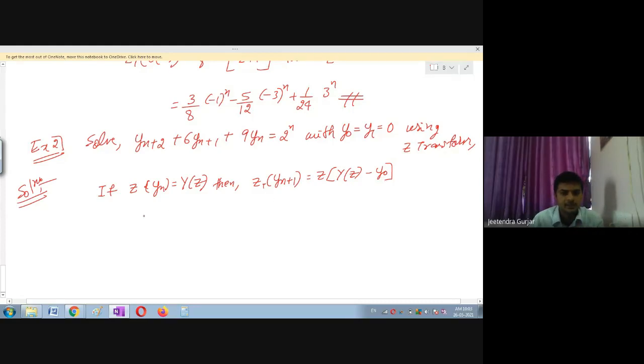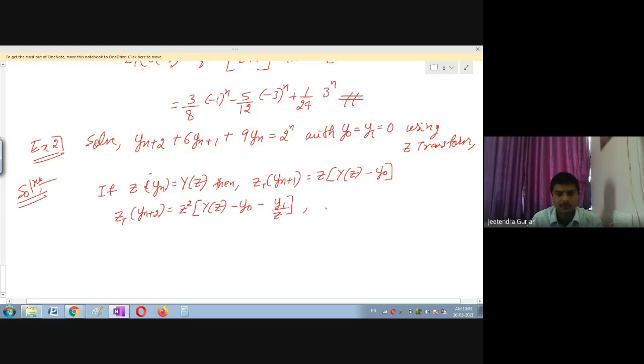Same way, next again this is the z transform of n plus 2 is equal to, you are going to write here z square y of z minus y naught minus y1 divided by z, students.